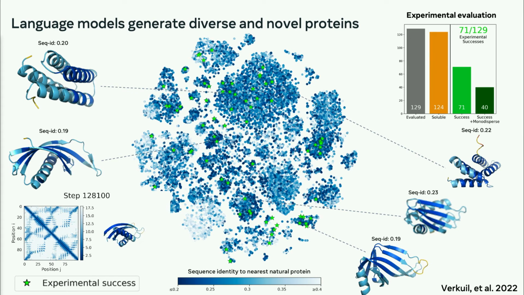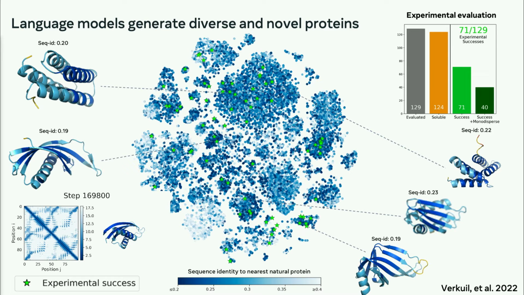And so this is a projection of the structural space, and the proteins are colored by their distance from natural proteins in sequence space. So the dark ones are distant. And we actually put a number of these proteins to the test experimentally to see if they were folded or not. So each of the green stars represents a protein in this space that we tested experimentally.